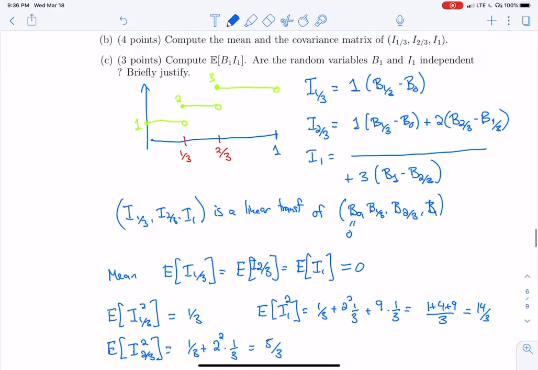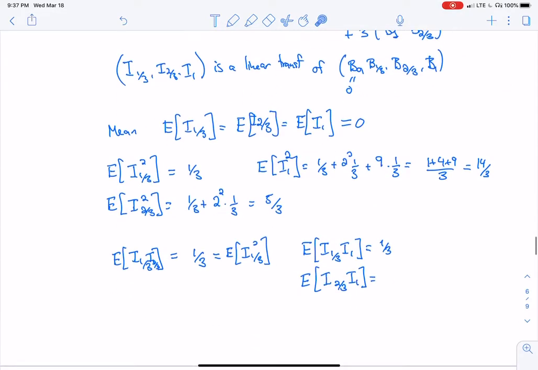Okay, so if you look now, it's I 2/3 and I1, so I'm going to have this guy with itself, this guy and this guy, but that's 0 because they're independent, and this guy with itself, and then again this guy with this guy gives me 0, this guy gives me 0, so that gives me 1/3 plus 4/3, which is 5/3, and that's actually the variance of the last one.